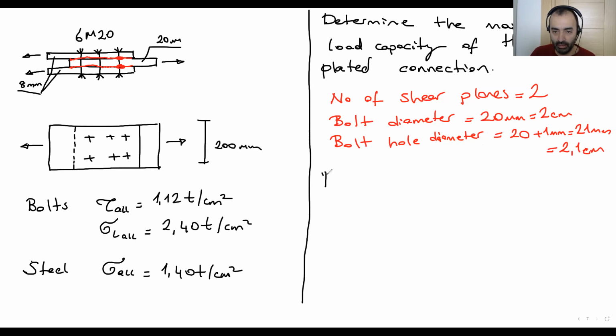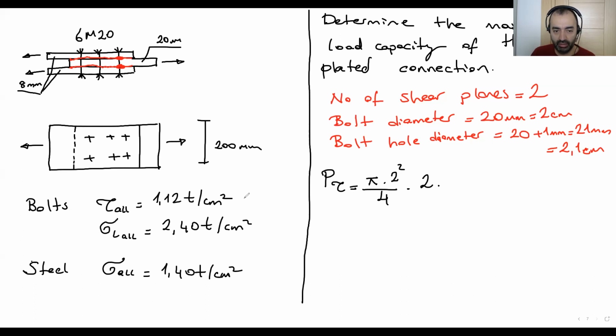Okay, let's write the area. P equals pi times D squared over 4 times the number of shear planes, 2. This is the total area for one bolt, times the allowable stress.